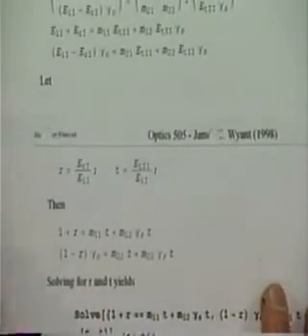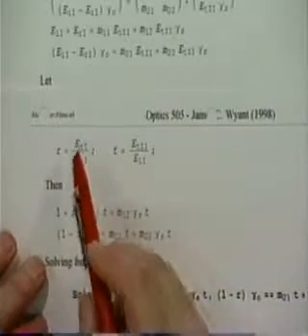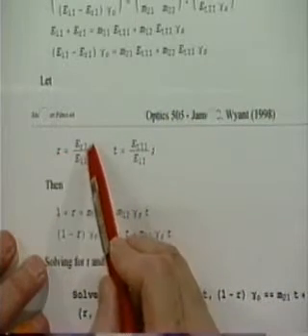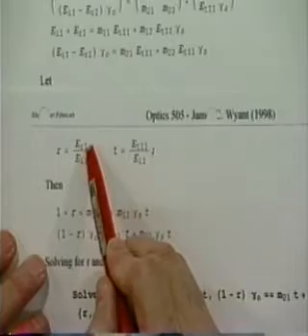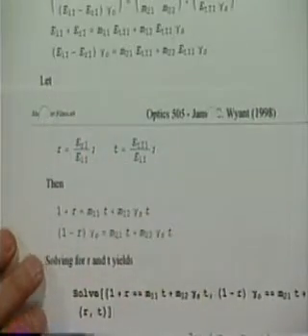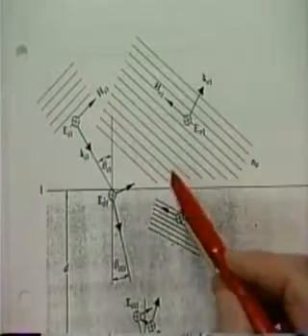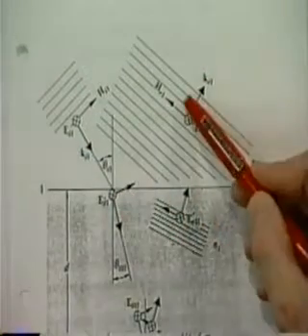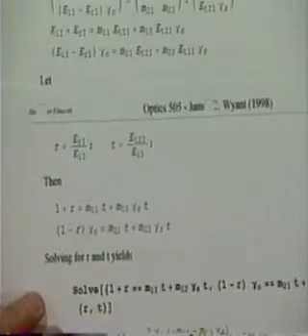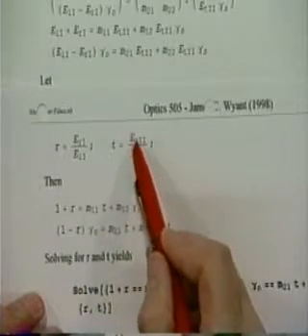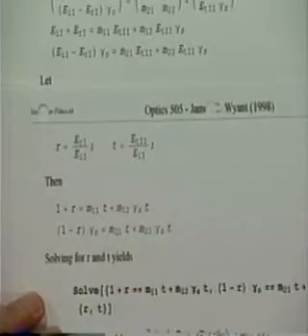if we plug in here, the amplitude reflectance is E sub R1 over E sub I1. I mean, that makes sense. E sub I1 is what's incident. E sub R1 is what's reflected up here. And the transmission here is E sub T2 over E sub I1.